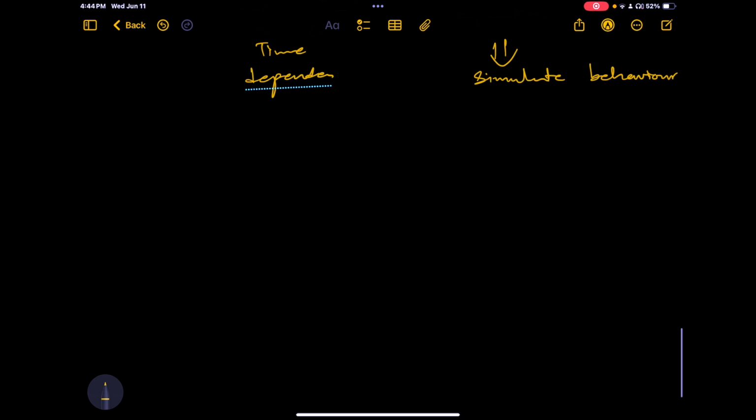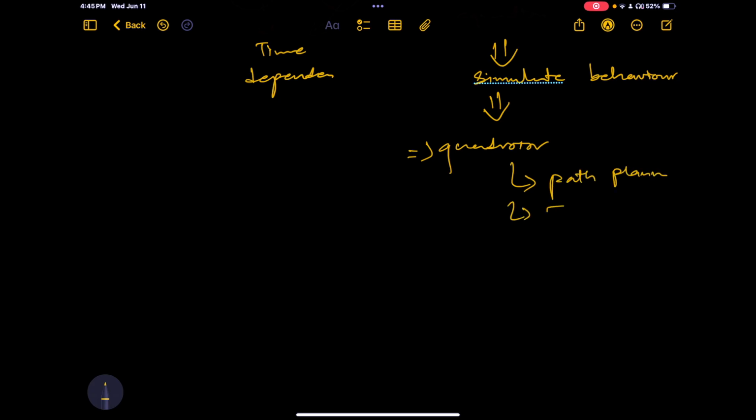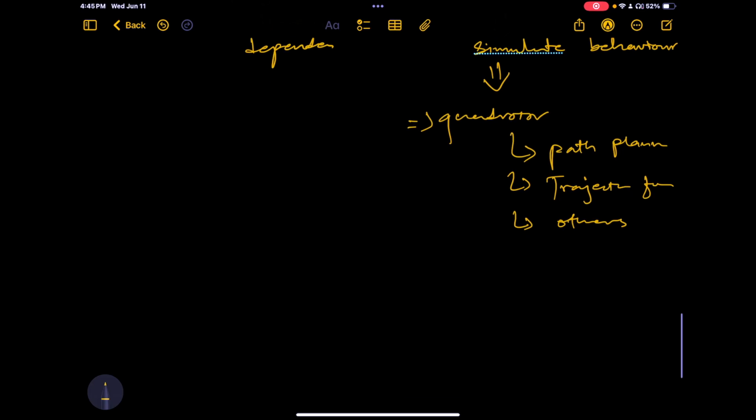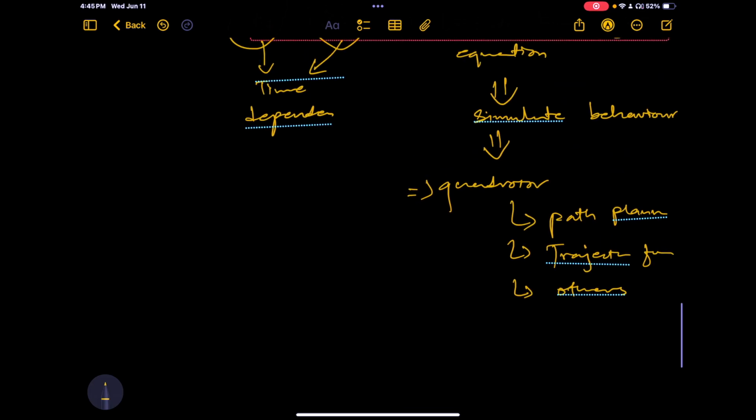Okay, now in order to simulate, for a quadrotor, you can simulate path planning, you can simulate trajectory following, and you can simulate other behaviors, any kind of thing of that system.